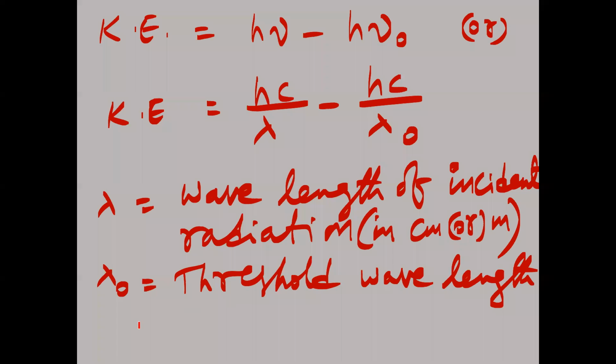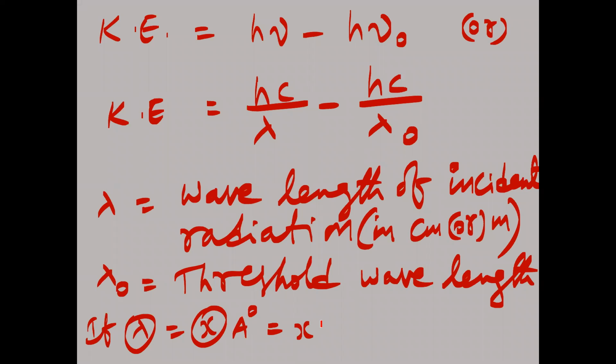Wavelength is measured in centimeters or meters. Centimeter is the CGS unit of wavelength, and meter is the MKS unit. If wavelength is given as x angstroms, then we take x into 10 power minus 10 meters, or x into 10 power minus 8 centimeters.